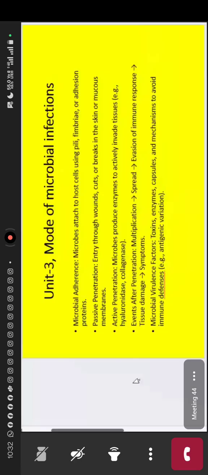These are the specific enzymes produced by microbes which infect the tissues, and they start multiplication. After penetration, they start multiplying, and as their numbers increase, they spread from one part to another, and the spreading of the infection continues.